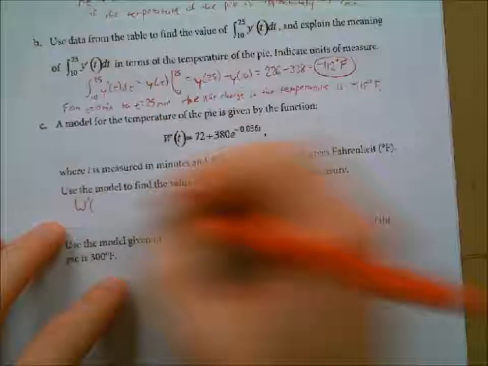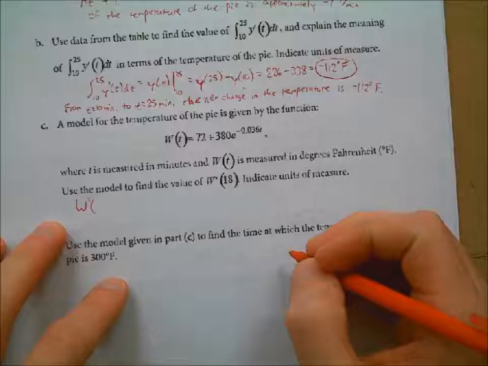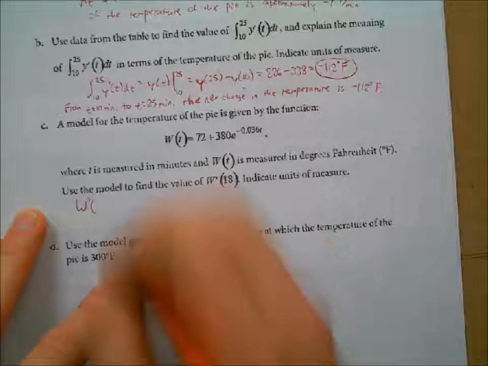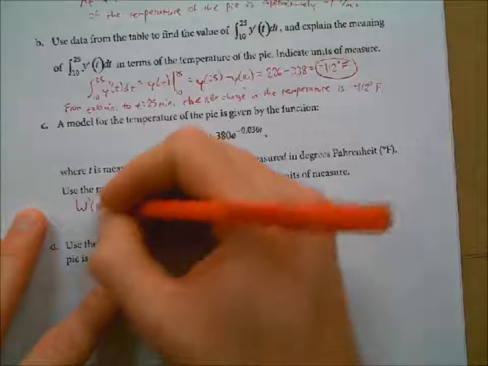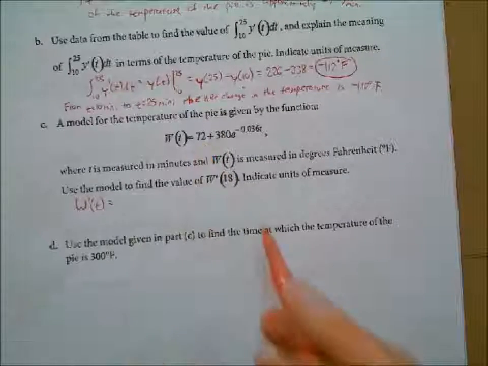Let's pretend that this is a non-calculator question right here, because really none of these required a calculator at this point. It's all arithmetic. So w prime of t, what is the derivative of 72? 0.